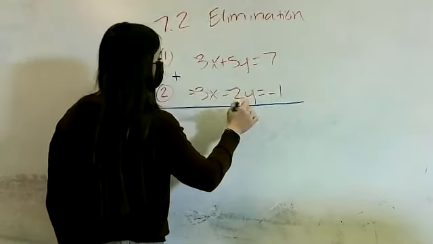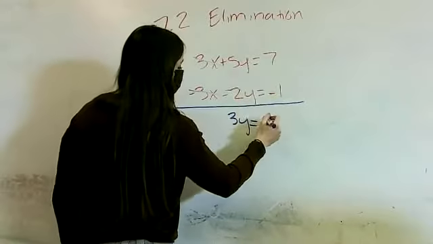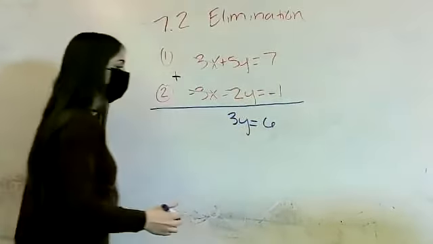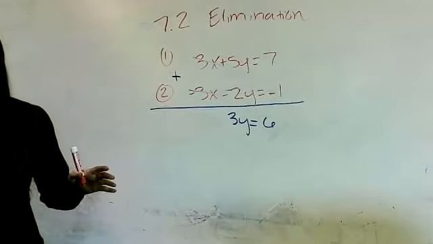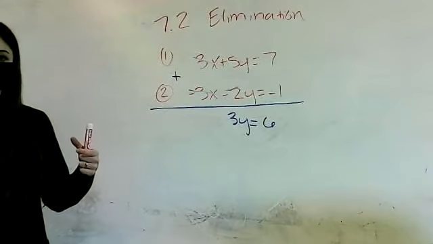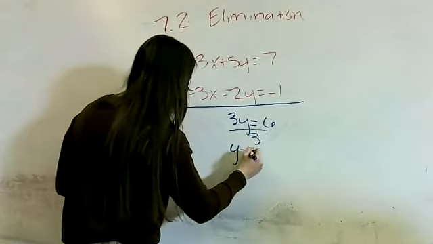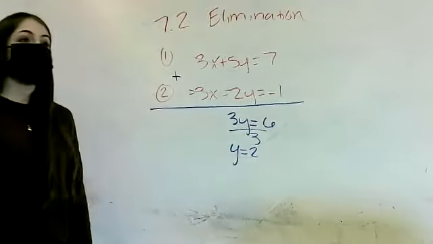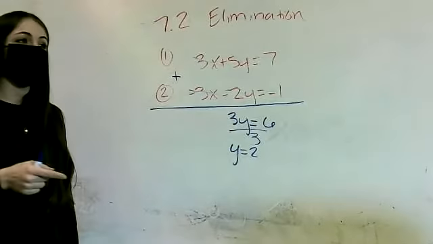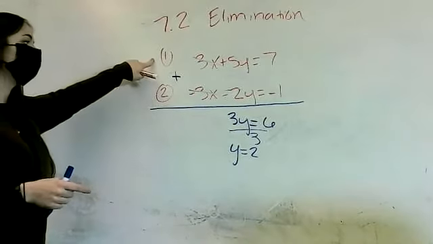So 5y minus 2y is 3y. 7 minus 1, or 7 plus -1 is 6. So just like that, I'm down to a super simple one-step solvable equation to get y equals 2. Then I want to find my x value, which I can plug that into either 2 or 1.